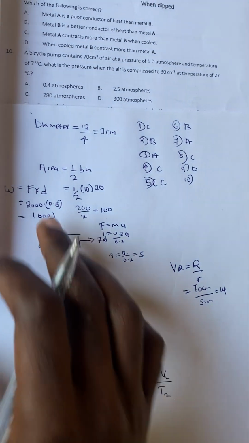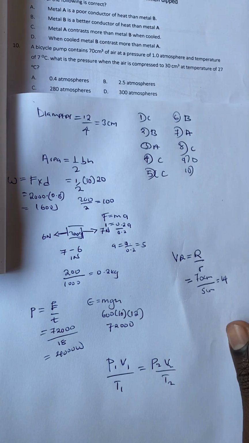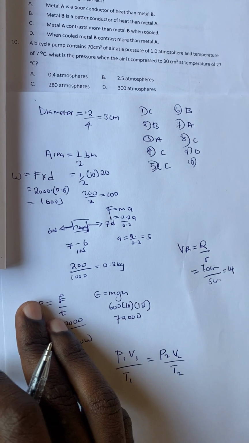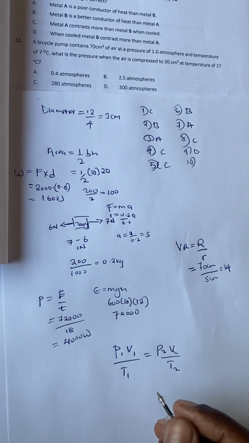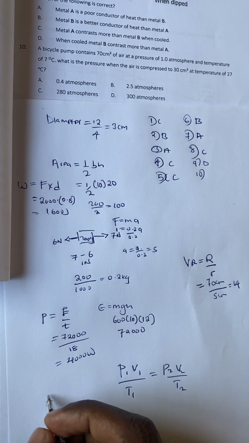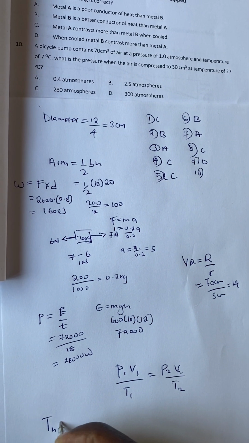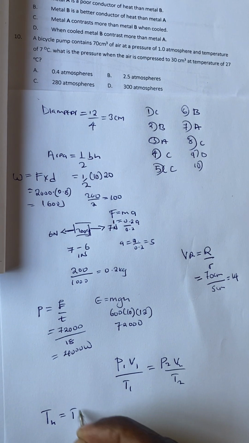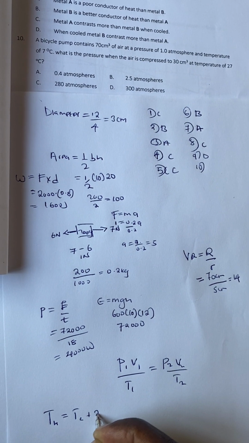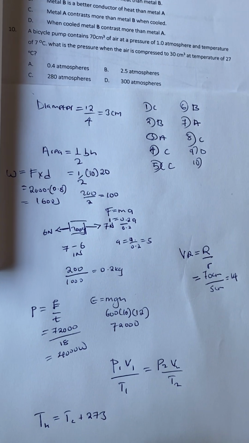What you need to know when dealing with gas laws is that temperature should be in Kelvin, not degrees Celsius. To convert temperature from degrees Celsius to Kelvin, we simply use the formula: temperature in Kelvin is equal to temperature in degrees Celsius plus 273.